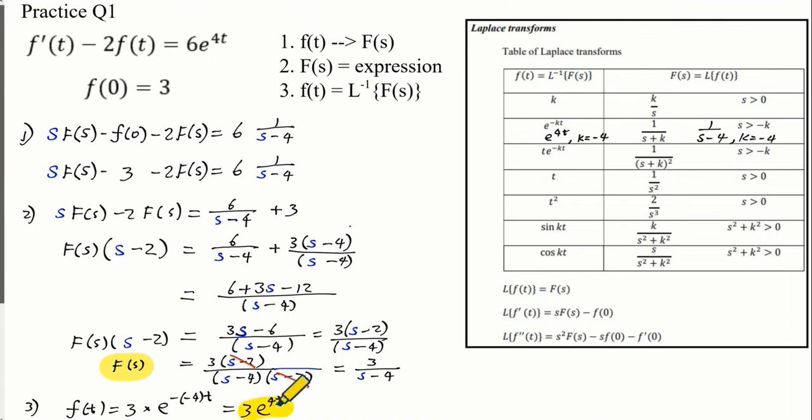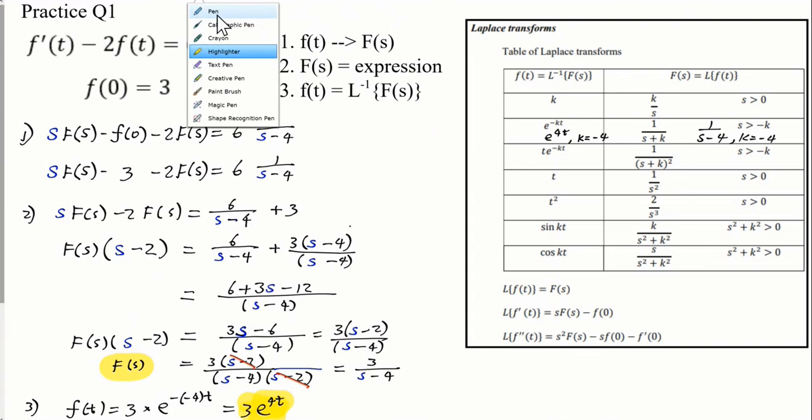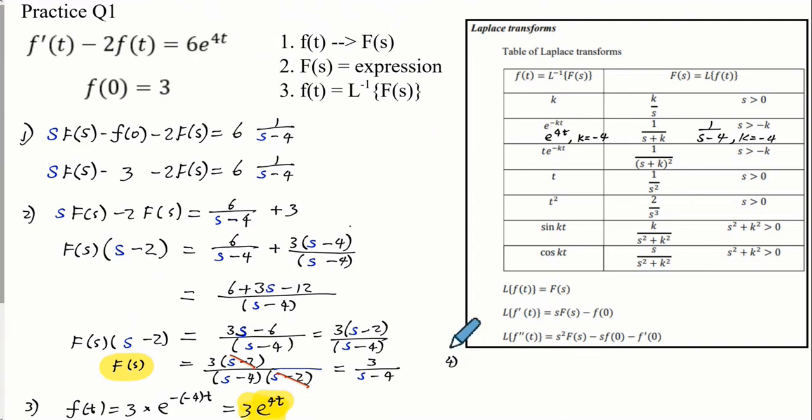If you've got time or are unsure and really want to check if that works, you can just put that into the initial equation and check if it's satisfied. So the fourth step is kind of an extra check step.